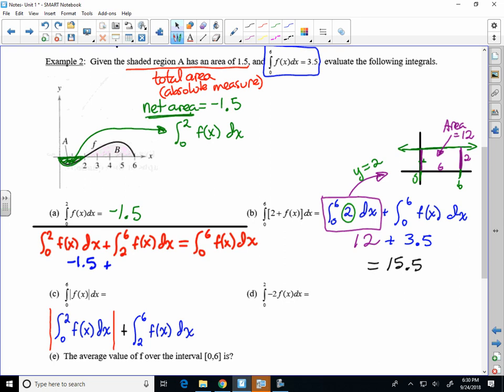We don't know what going from 2 to 6 is. But they told us what 0 to 6 is going to be. That's 3.5. All right. So that equation, which is completely property-based, is allowing us to figure out the part in part C that we need. So by adding 1.5 to both sides, I get that actual component.